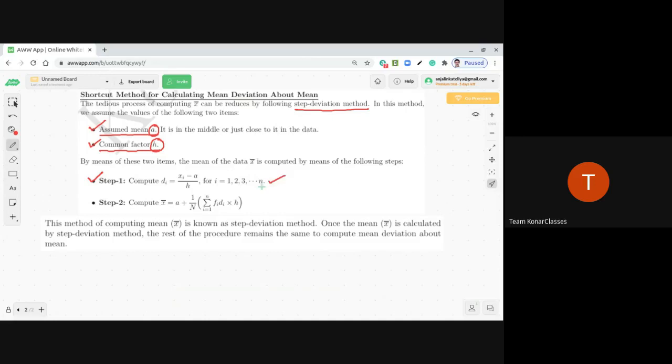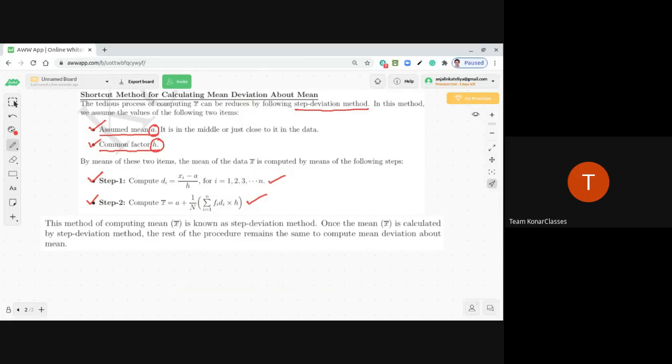Step two: x bar is equal to A, that is the assumed mean, plus 1 by n into summation of fi into di, and that summation is multiplied by h. These two steps will help us find the value of the mean in a little easier manner with respect to the previous methods we discussed a few minutes back. This method of computing x bar is known as the step deviation method.